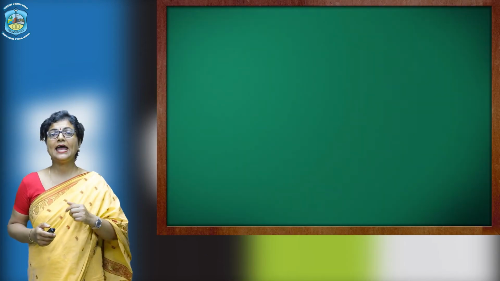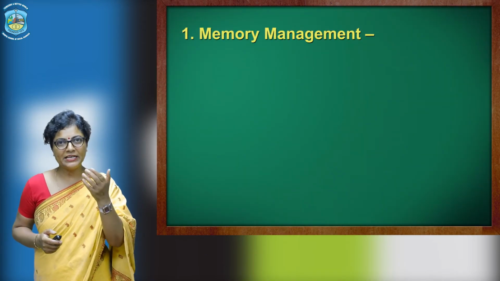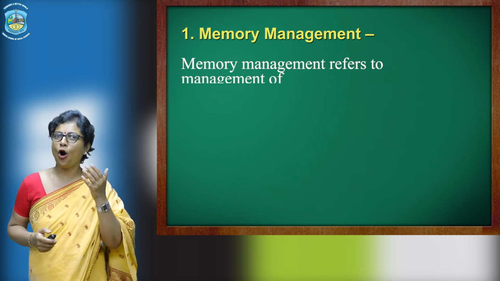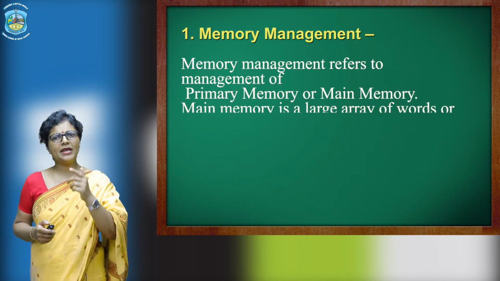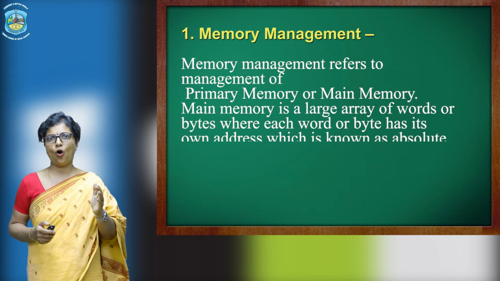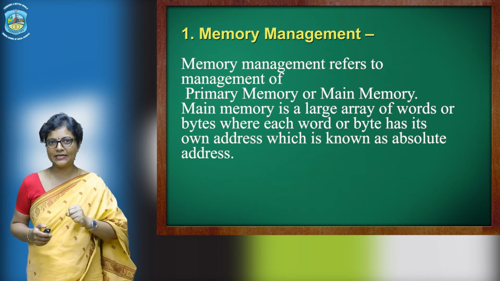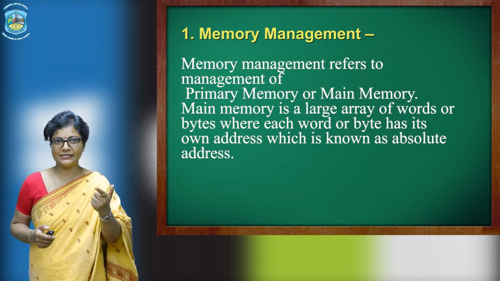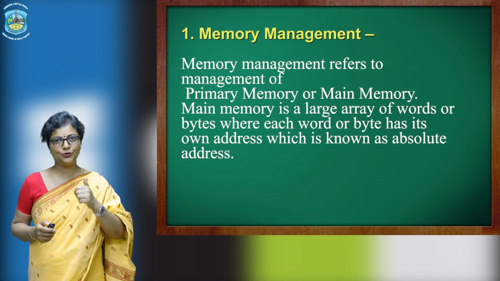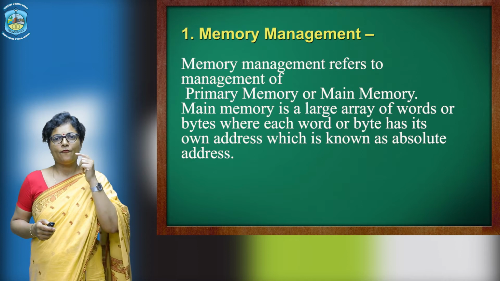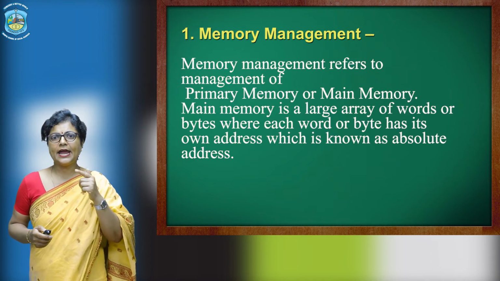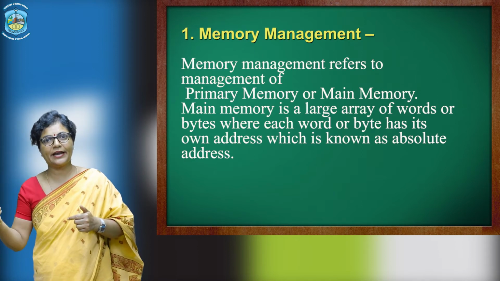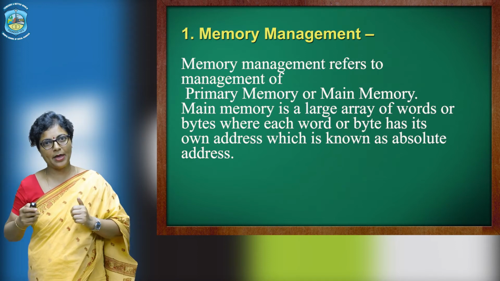Memory management refers to management of primary memory or main memory. Main memory is a large array of words or bytes where each word or byte has its own address, which is known as absolute address. For a program to get executed, it must be mapped to absolute addresses and loaded in the memory.